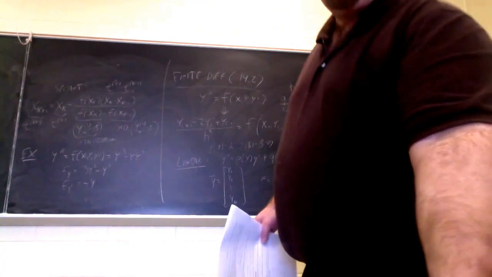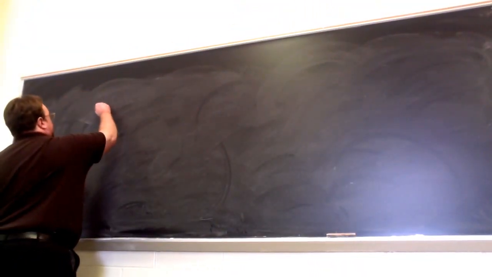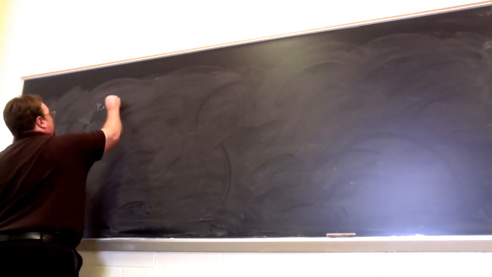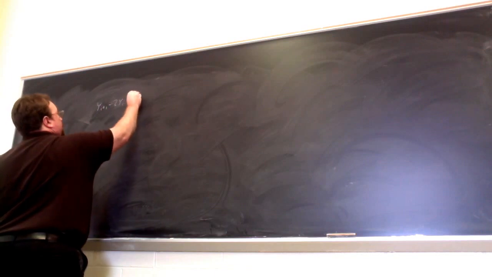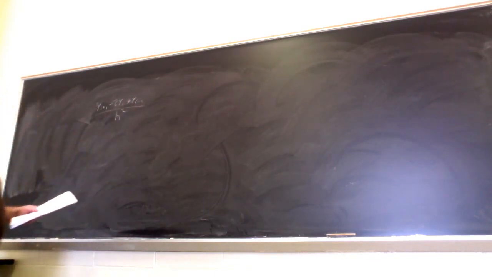So if I write out what this is using these numerical differentiation formulas, you have y i plus 1 minus 2yi plus yi minus 1 over h squared. So that is your second derivative.